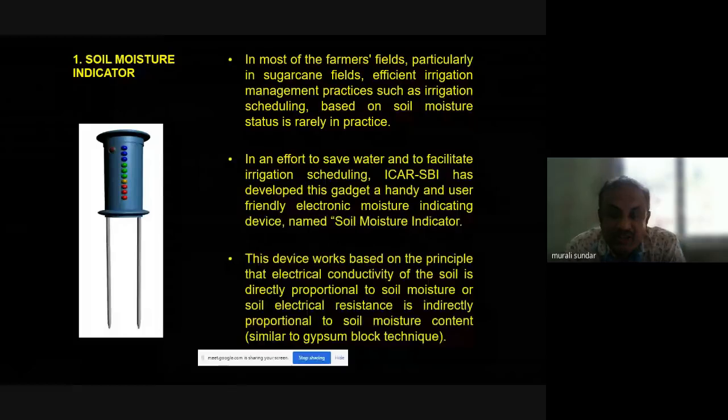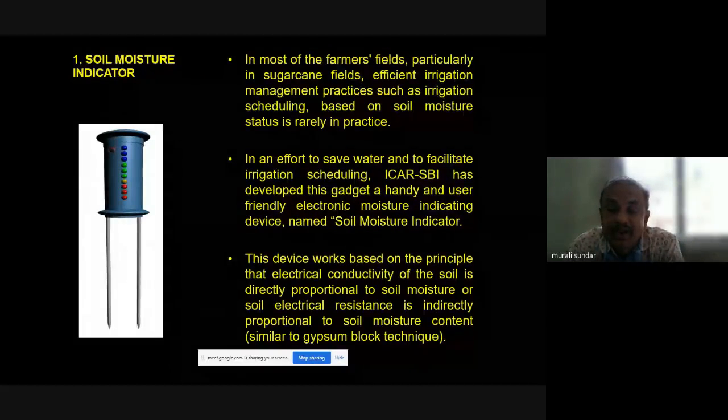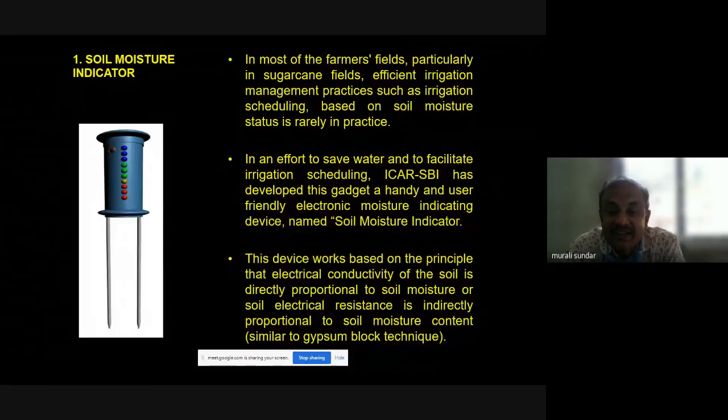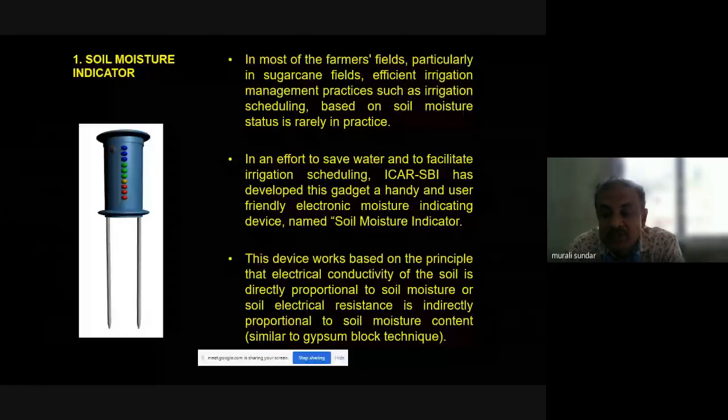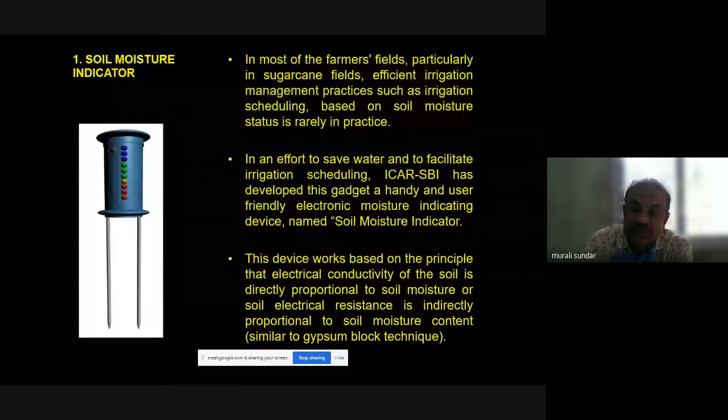To solve this problem, we developed a small handy device called the soil moisture indicator. This device works on the principle that electrical conductivity of the soil is directly proportional to soil moisture, or soil electrical resistance is inversely proportional to soil moisture content, similar to the gypsum block technique.